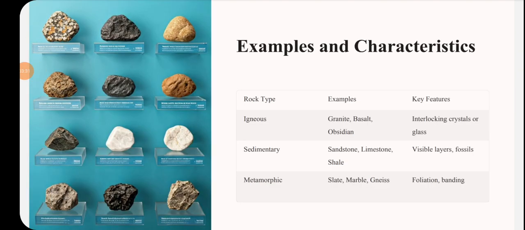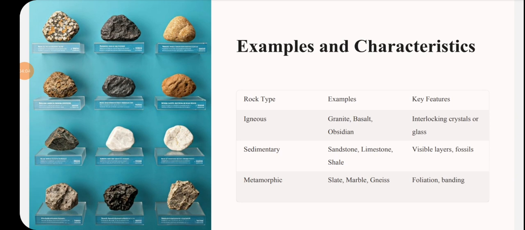Okay, so here are some examples and characteristics. The rock types are igneous, sedimentary, and metamorphic. Examples of igneous rock are granite, basalt, and obsidian. The key features are interlocking crystals or glass. Sedimentary rocks are sandstone, limestone, and shale, and the key features are visible layers and fossils.